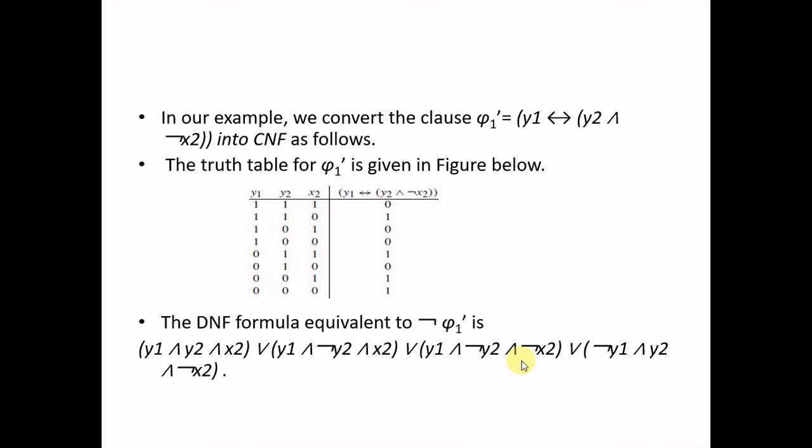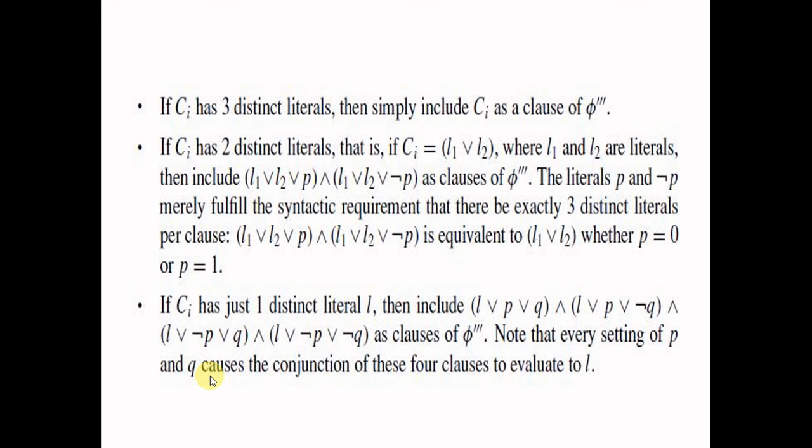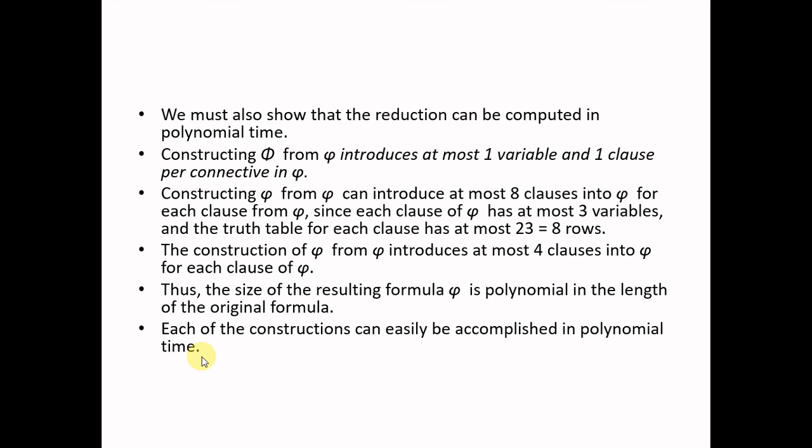Then what we are trying to prove is that all these steps can be done in polynomial time. Okay, the reduction can be computed in polynomial time. So constructing phi dash from phi introduces at most one variable and one clause per connective in phi.